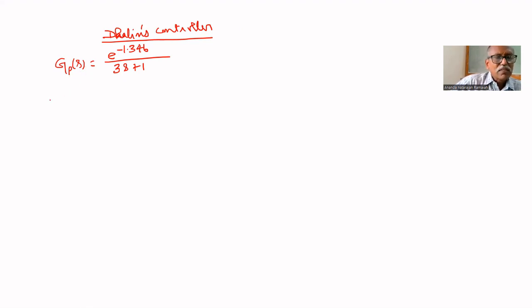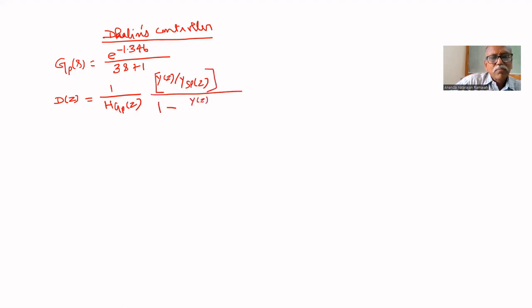Already we know that the Dahlin controller is D of z equal to 1 by H Gp of z, multiplied by y of z upon y set point of z, whole divided by 1 minus y of z upon y set point of z.